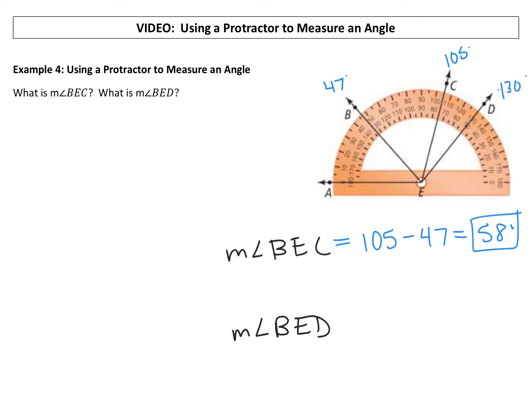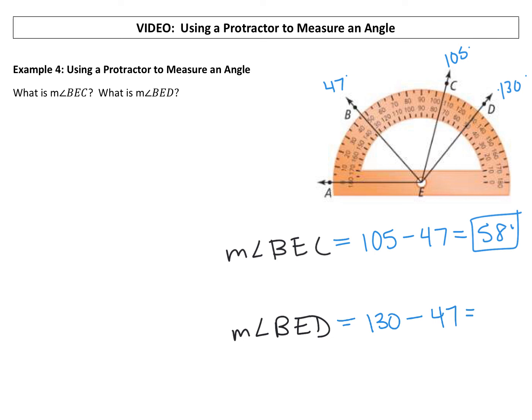Measure of angle BED. So now if we go from B to E to D, it's this whole angle right here. So it's going from 47 degrees to 130. So we're just going to take 130 minus 47. Now, if you did 47 minus 130 and got a negative number, we would want to consider using absolute value bars because we do want this to be positive.